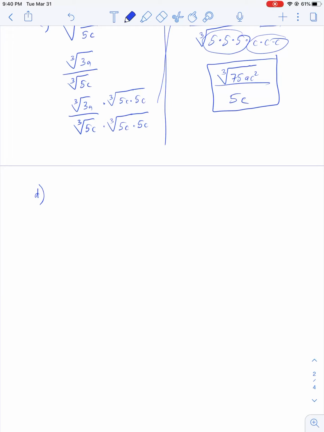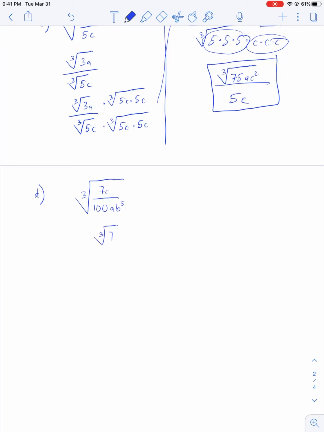How about we do the third root of 7c over 100 AB to the power of 5. That looks like a really nice one.